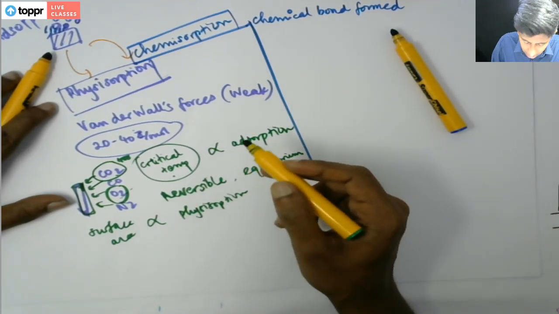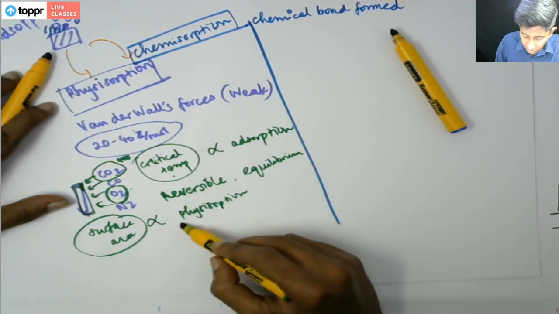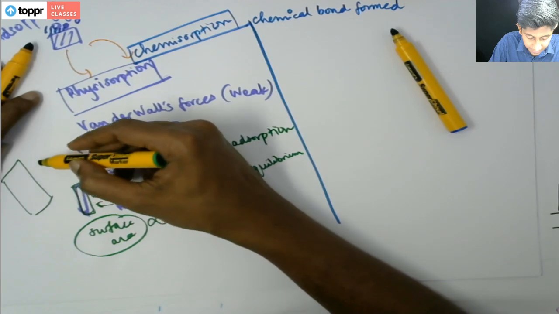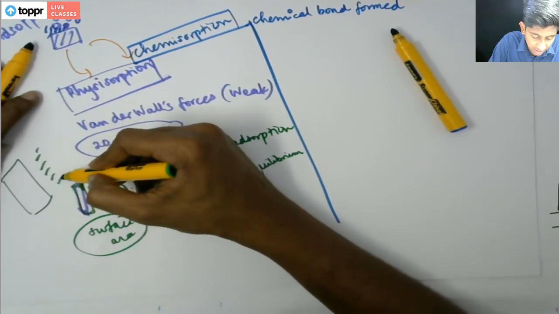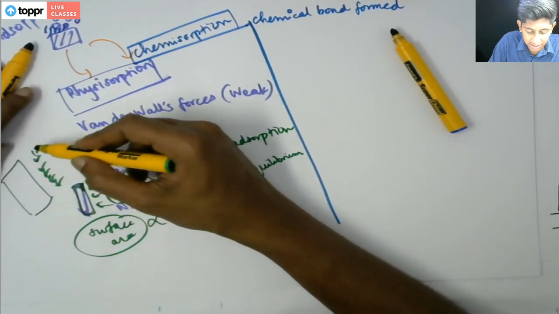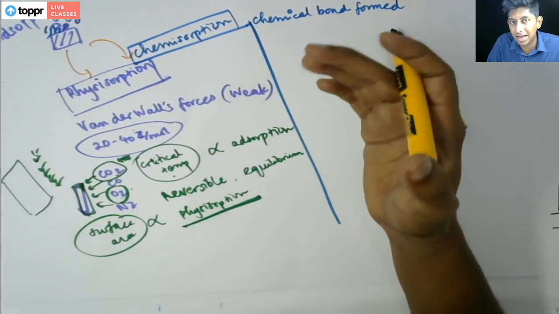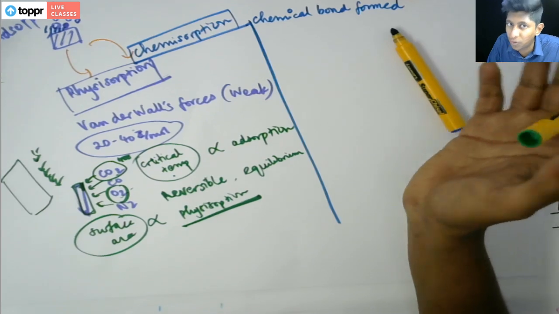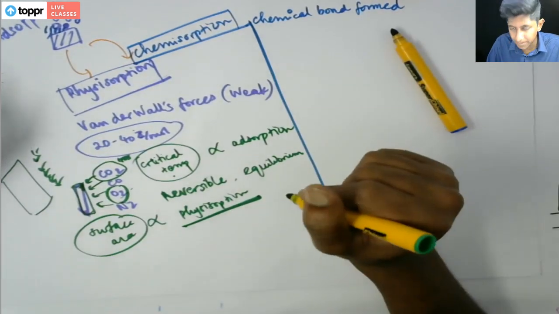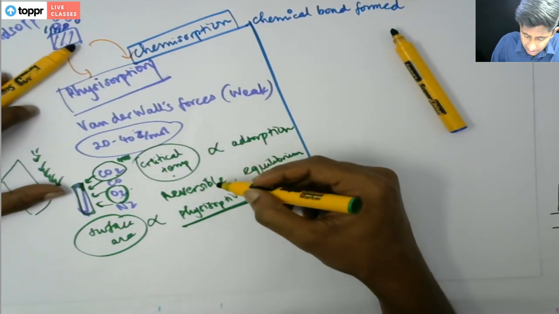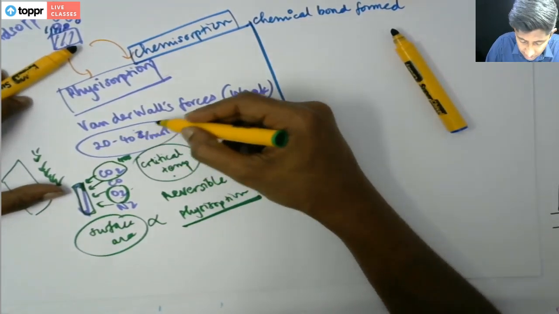The more the surface area, the more adsorption is possible. This is slightly intuitive if you think about it, because with more surface available at the same conditions, it is possible for more particles to bind. Also, this one has a very low enthalpy, as I told you.